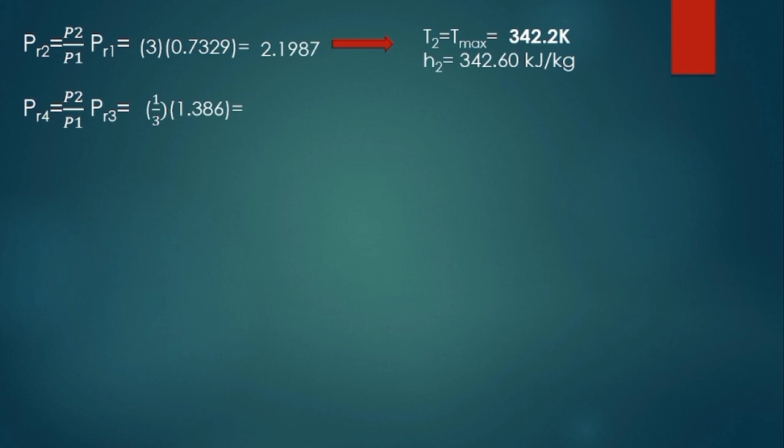Our P sub R4 is 0.462. To get the minimum temperature, we have T sub 4, which is equal to T min, equal to 219.0 Kelvin. And we also have enthalpy h4, which is 218.97 kilojoule per kilogram.